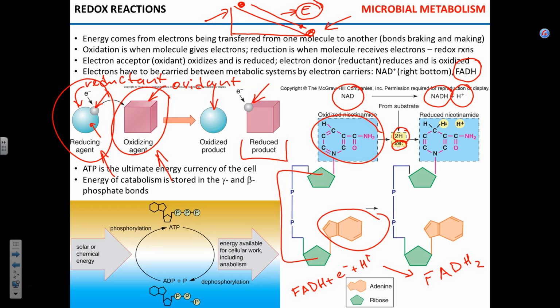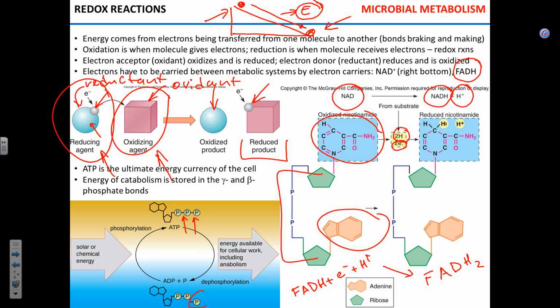Now ATP stores energy in the form of a chemical bond. Gamma and, to a lesser extent, beta phosphate bonds are energy rich. The gamma phosphate bond is the most energy rich.